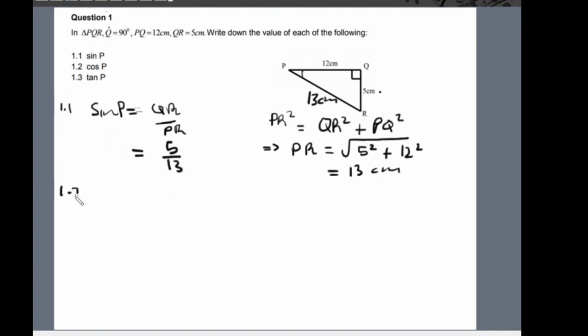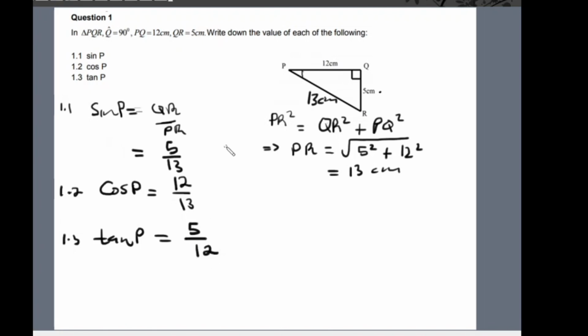And then here in 1.2, the cos P. Cos is adjacent over hypotenuse. So it's 12 over 13. And then here 1.3, tan P is equal to opposite over adjacent. So that is 5 divided by 12.